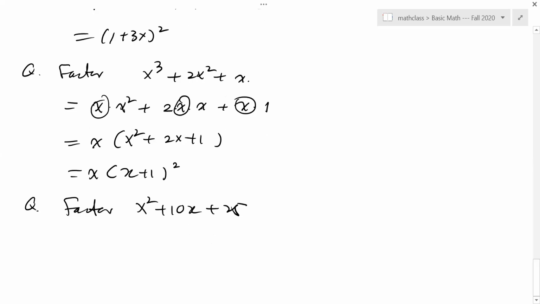Anyone has answers to this problem? The formula you're going to use here is x squared plus 2xy plus y squared is x plus y squared.